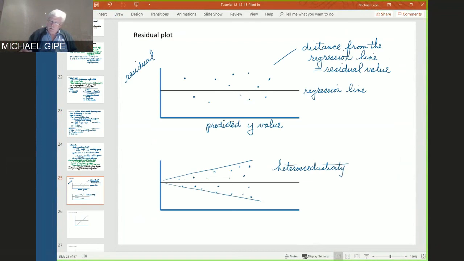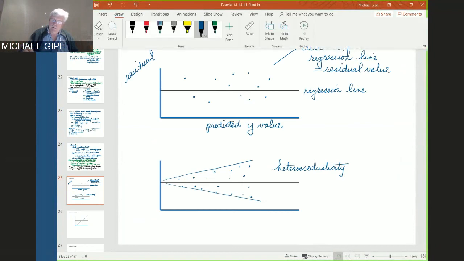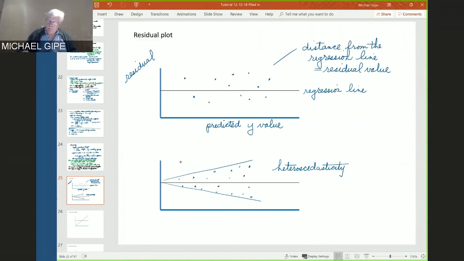Where you can see at one point along the y-axis, the RMSE is smaller, and at another point further along, the RMSE is bigger, so it's non-constant. So this is a good diagnostic for seeing if you can then use RMSE and all of that stuff and rely on standard errors of the slope and all that sort of thing.